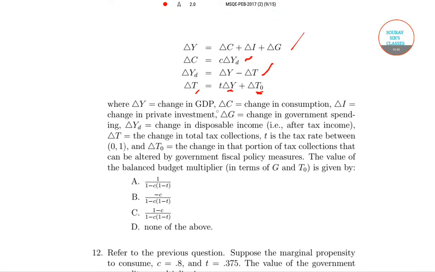Here change in y is given by change in GDP, change in c is change in consumption, change in I is private investment change, and change in g is change in government spending.